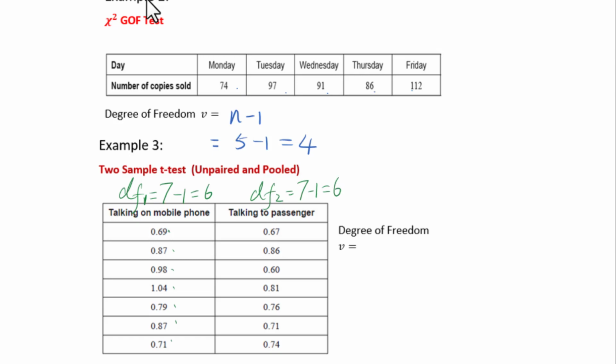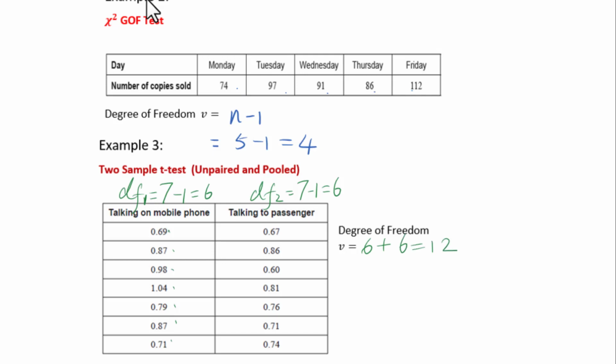Since we are not looking for the relationship between these two, we just add these 2 degrees of freedom. That is 6 plus 6 equals 12.